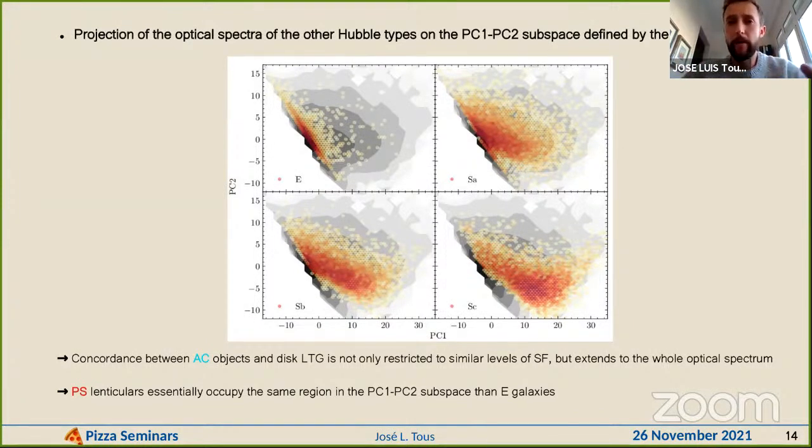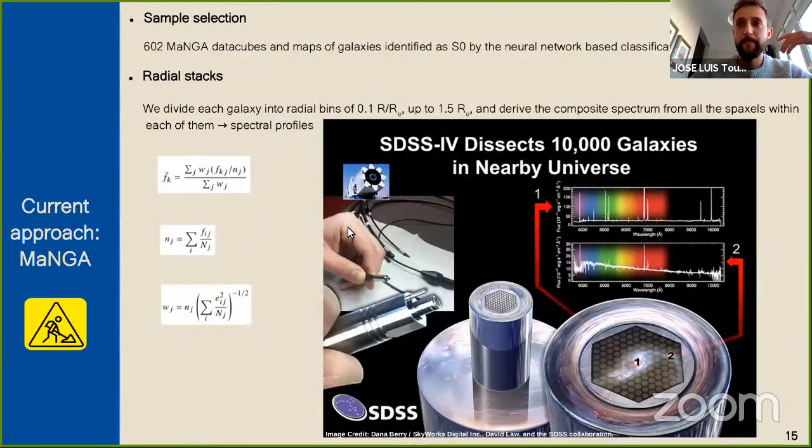We think this comes from the fact that precisely the S0 galaxies show these intermediate characteristics between spirals and elliptical galaxies that I was saying at the beginning.